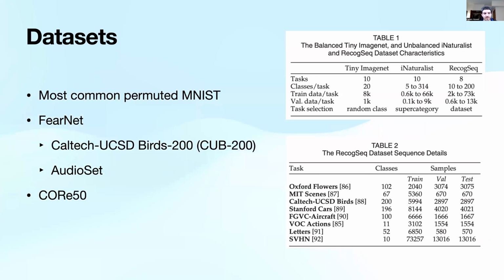They used the Cub 200, which is just like 200 different species of birds, and they also used audio set, which is YouTube videos with 10-second sound clips from 632 classes and over 2 million annotations. What they found will be presented in the next section.